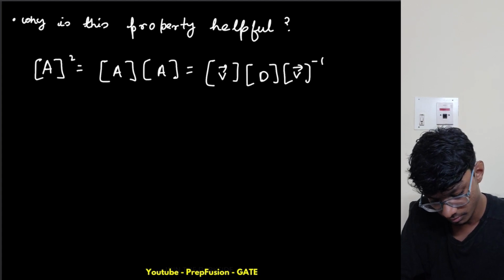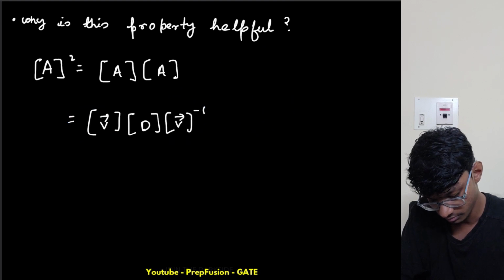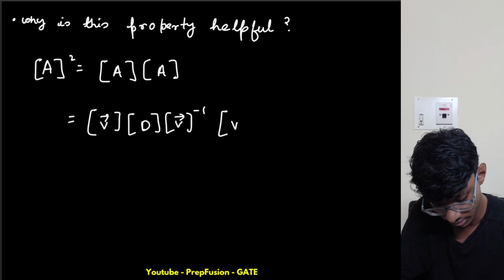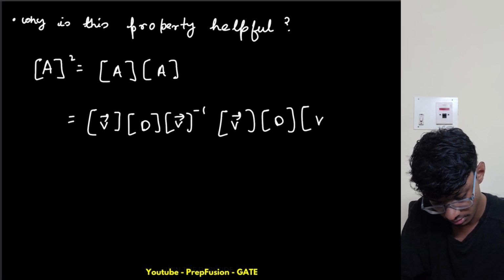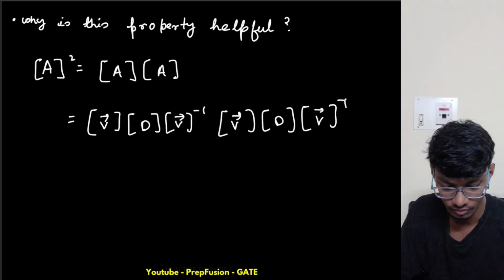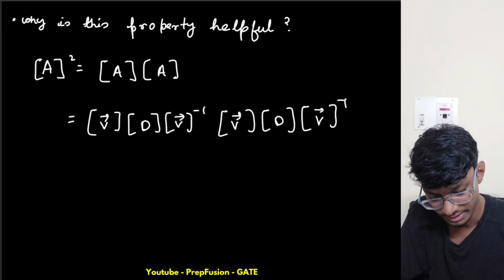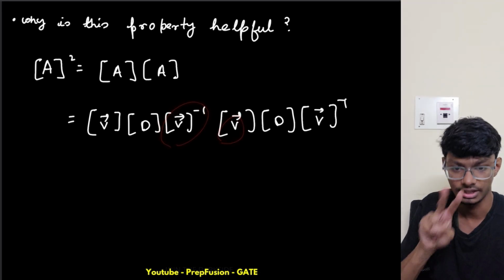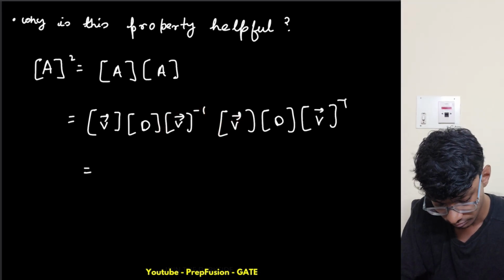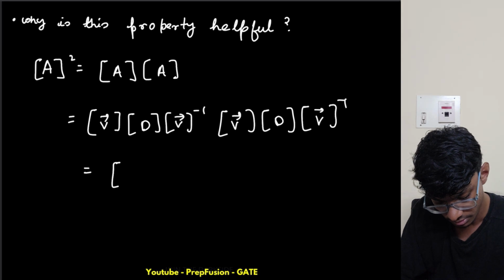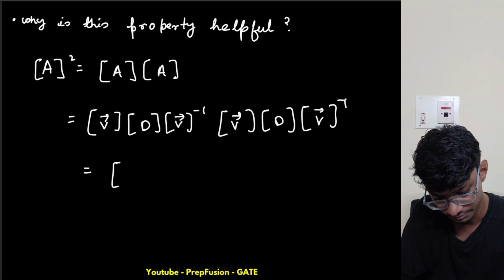Now again I will multiply with the same value, so this is V D V inverse again. So what do I get? Here V inverse times V is I itself, so this breaks down to I itself.